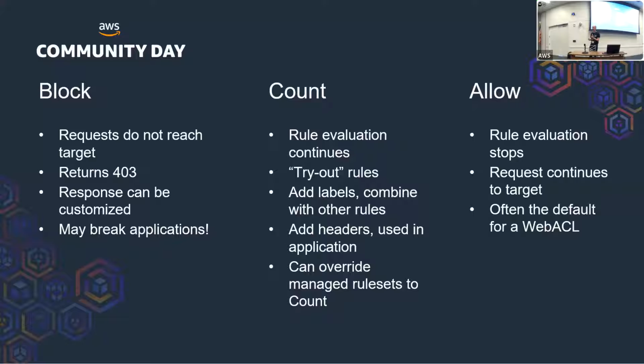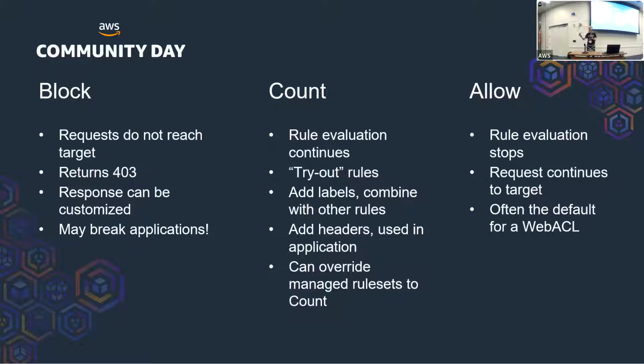And this is where count really comes in, because you can take one of those managed rule sets, which is set up to block by default, and you can override that behavior to count. What does count mean? It means it continues on, but it's going to keep a metric that it matched that rule. And you can also log based upon things that count or block.